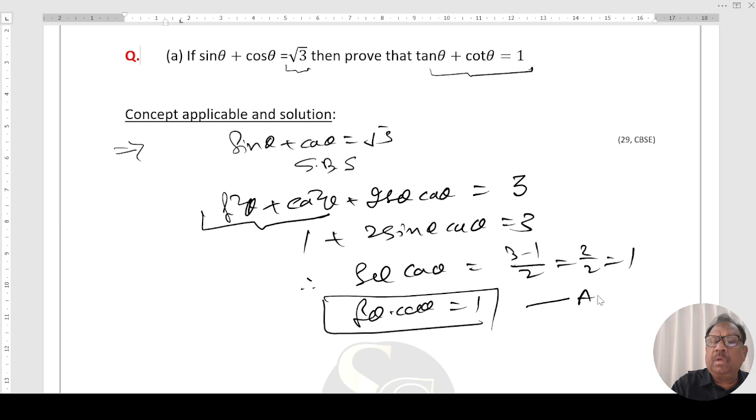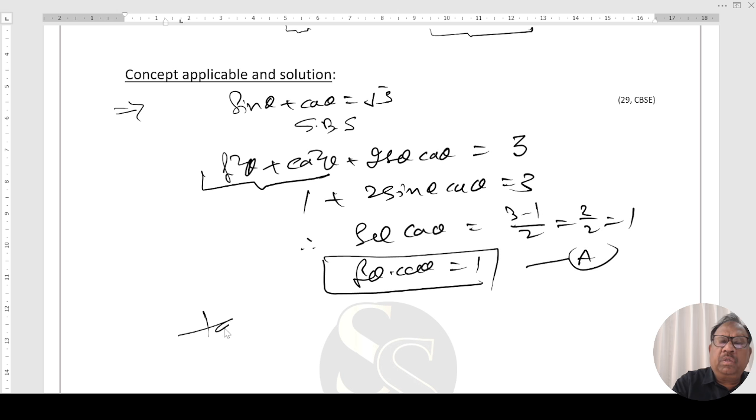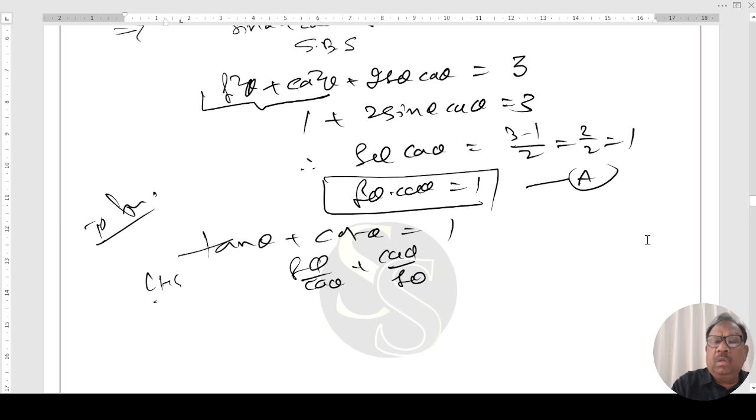This is equation A. Now we have to prove tan theta plus cot theta equals 1, using this equation. Left hand side: sin theta upon cos theta plus cos theta upon sin theta. Taking LCM, cos theta into sin theta, we get sin square theta plus cos square theta.